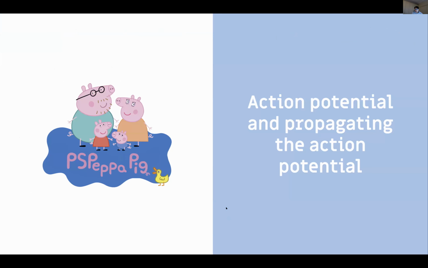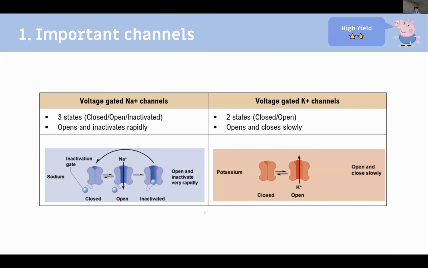And moving on to action potentials now and how an action potential propagates. The main way that nerve cells communicate is through action potentials. There are two important channels involved here: your voltage-gated sodium channels and your voltage-gated potassium channels.